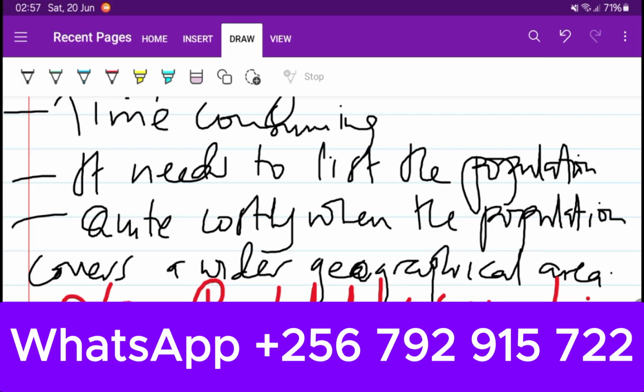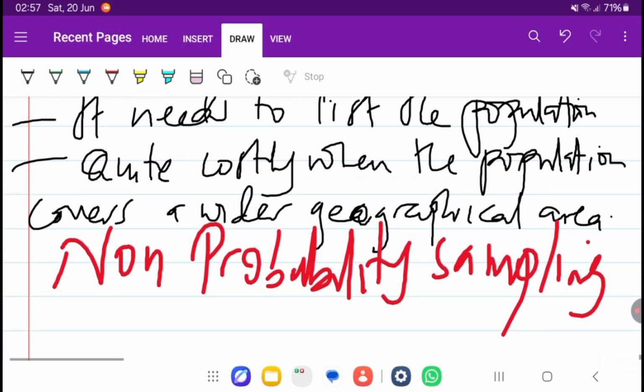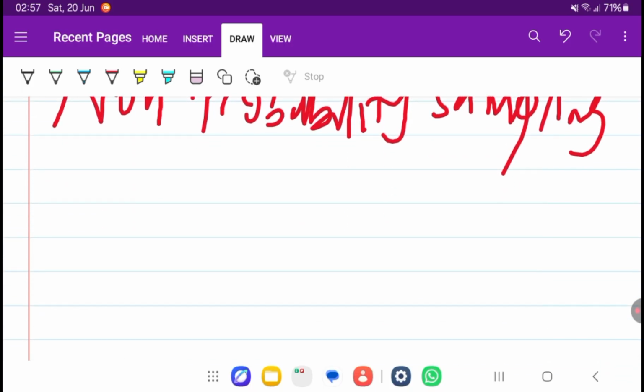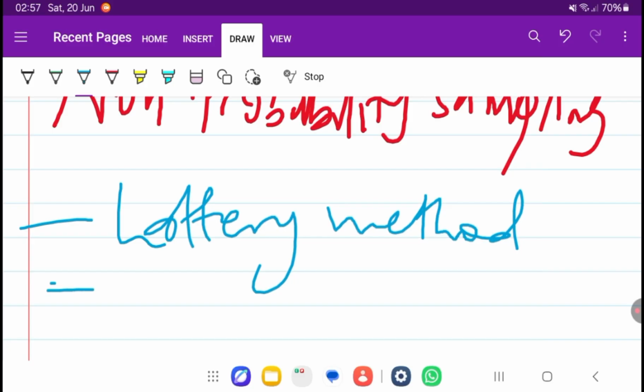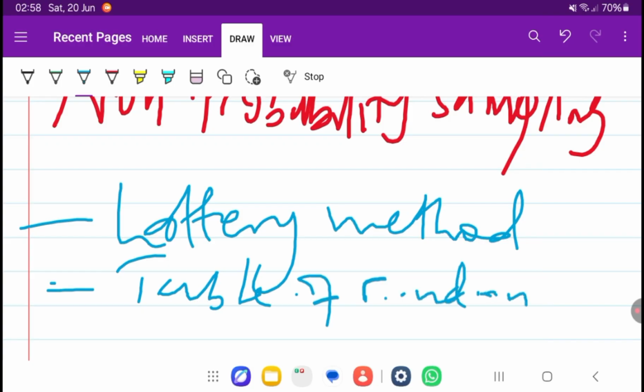I've told you about the football match, where you can select that information. Even in lottery, there are lottery methods where they select. There are mainly two, actually: the lottery method and the table of random numbers. So these ones, you can study about them.